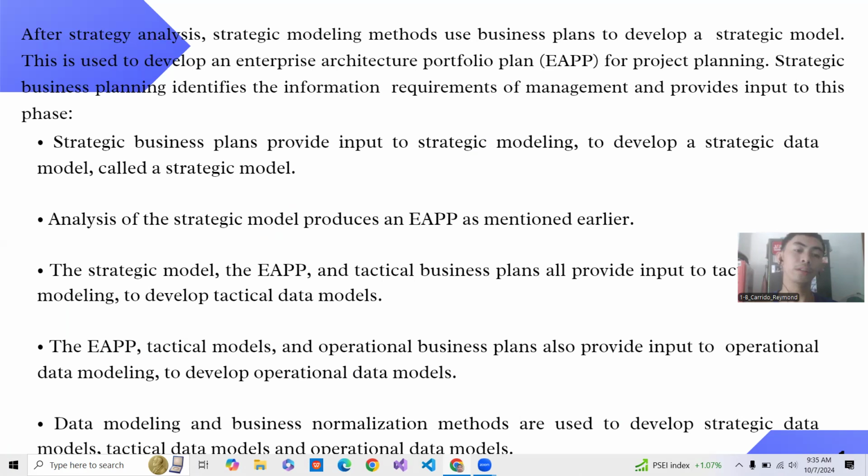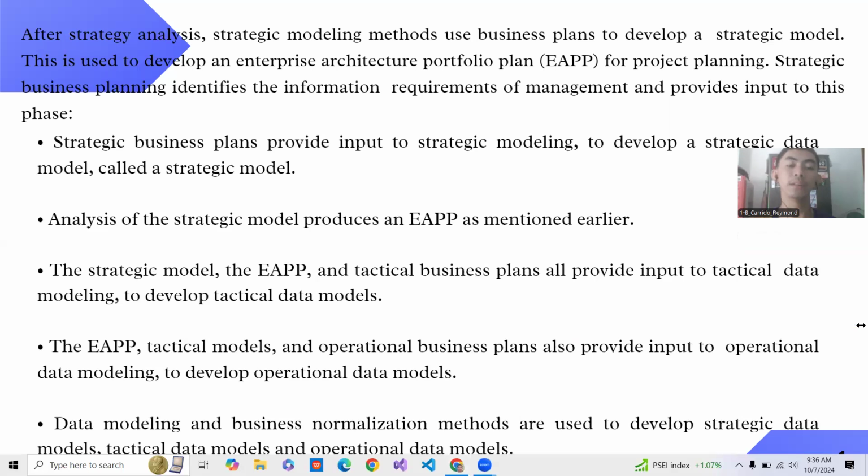Third, the strategic model, the EAPP, and the tactical business plans all provide input to tactical data modeling to develop tactical data models.